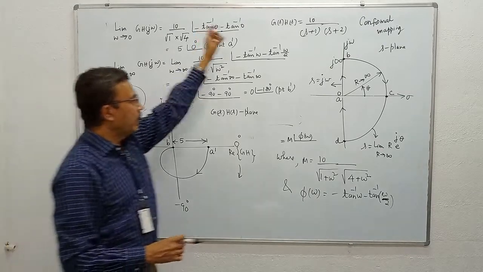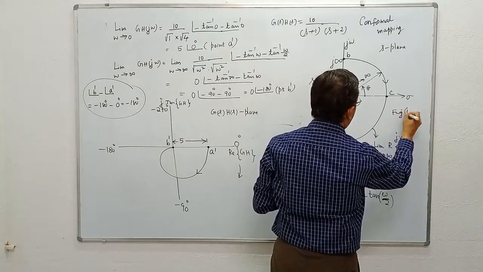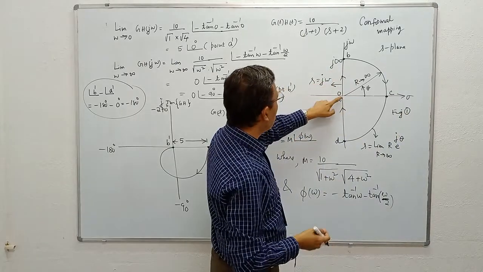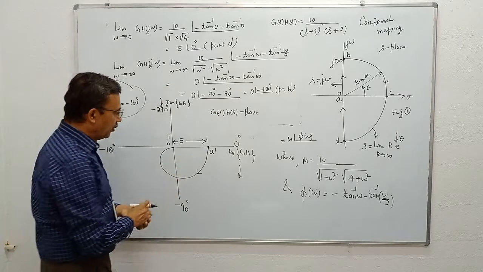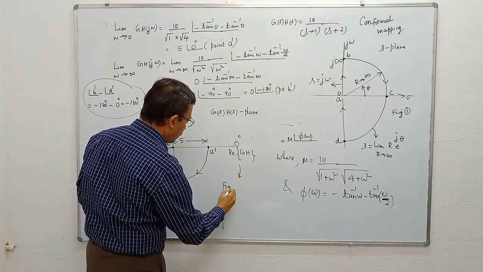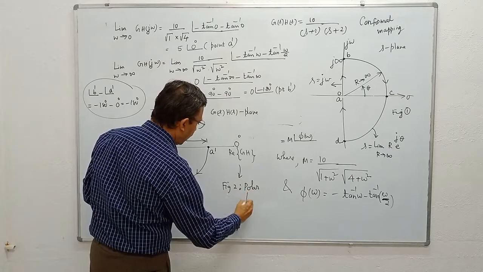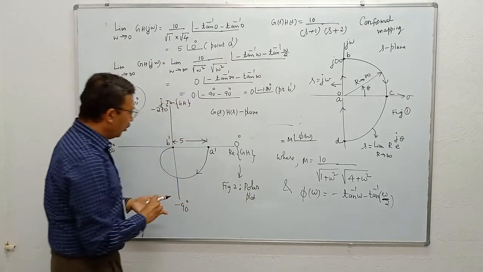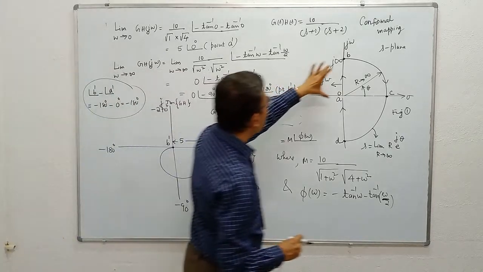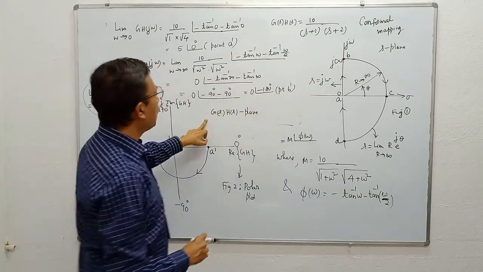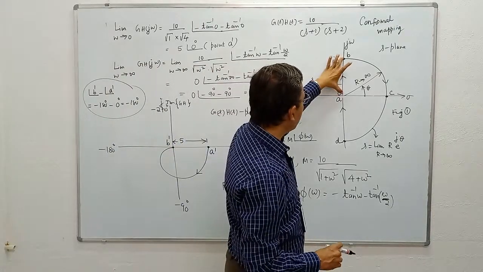I repeat again. This figure I will call figure 1. In figure 1, the arrow is from point A to point B. In this figure, which I will call figure 2, figure 2 is nothing but polar plot, which I have explained earlier. The arrow is from A dash to B dash. This is the image of path AB in G of S, H of S plane. So in S plane, AB was a straight line.